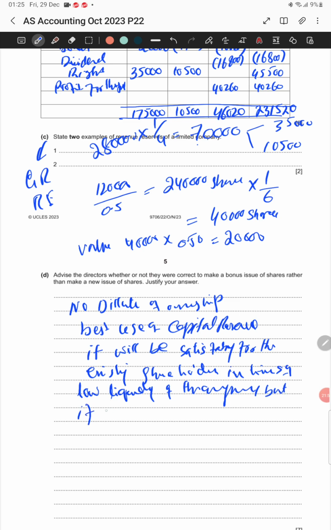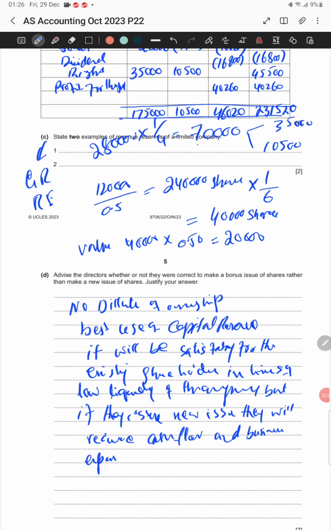But if they make a new issue, they will receive cash flow, business expansion, and liquidity will be improved.